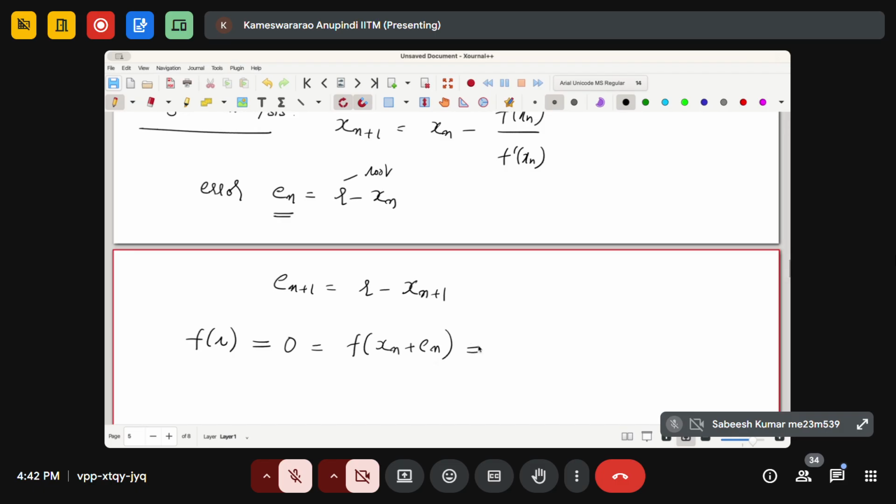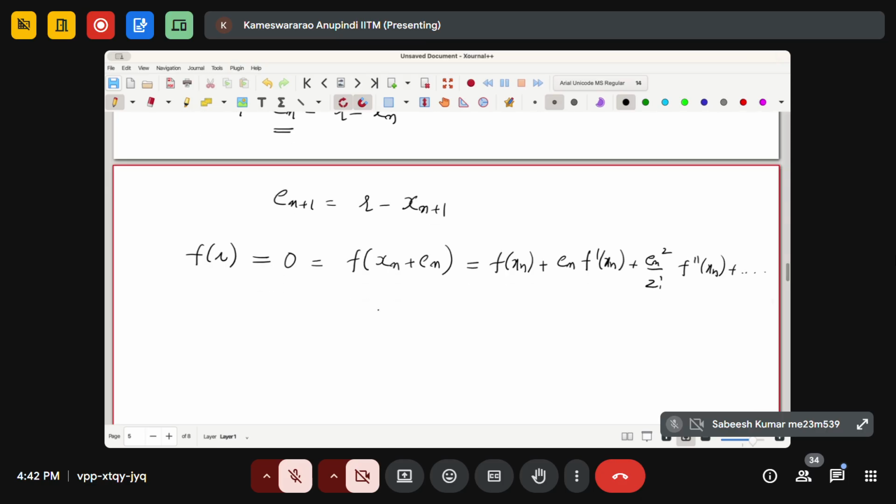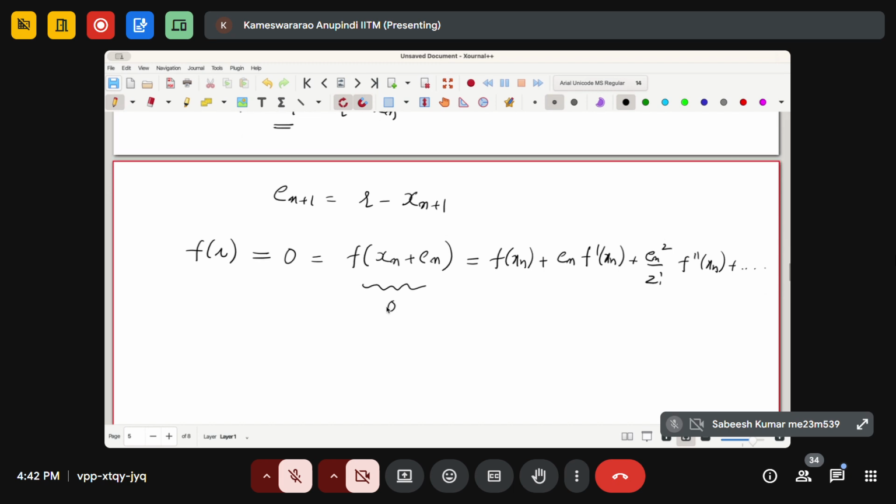And again, this can be expanded in a Taylor series as f of x_n plus e_n f prime x_n plus e_n squared by 2 factorial f double prime x_n and so on. But on the left-hand side, this quantity is actually f of r, which is equal to 0.